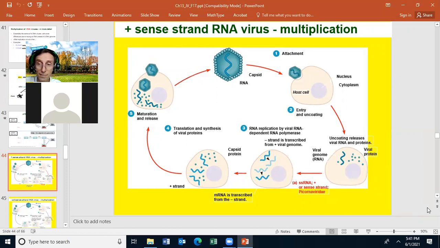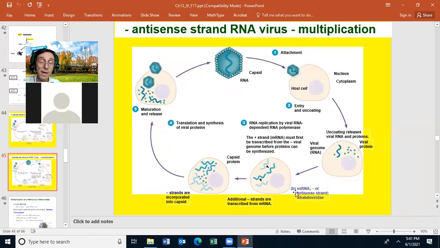Okay, if there's no questions, let's talk about multiplication of the negative single-strand RNA virus. Once again, the RNA virus binds to the cell membrane and then is brought into the cell. The virus is uncoated. The virus is negative strand, so it cannot be read by the ribosomes.